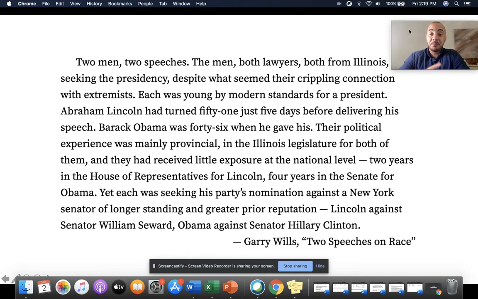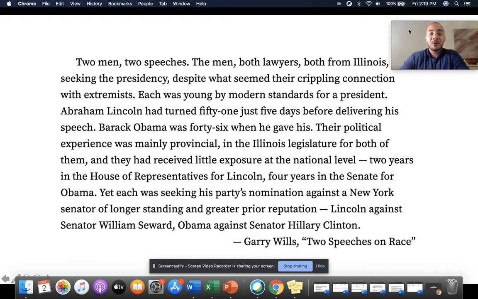Each was young, by modern standards, for a president. Abraham Lincoln had turned 51 just 5 days before delivering his political speech. Barack Obama was 46 when he gave his. Their political experience was mainly provincial in the Illinois legislature for both of them, and they had received little exposure at the national level. 2 years in the House of Representatives for Lincoln, 4 years in the Senate for Obama.